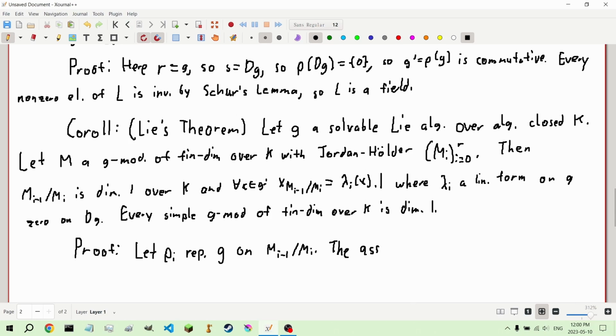The associative algebra L_i generated by 1 and the image of G under rho_i is a field finitely extending K, and so is K.